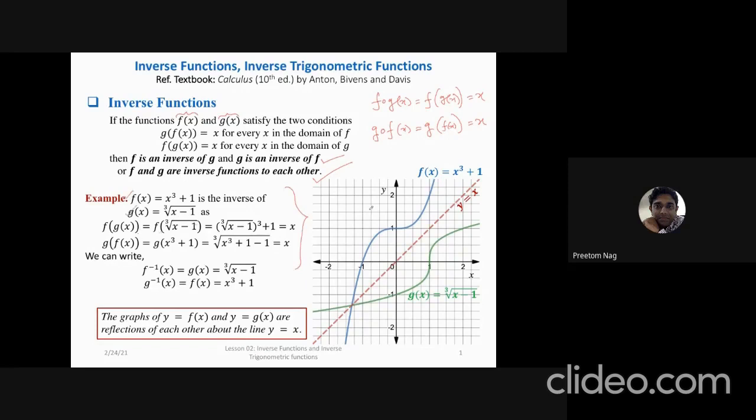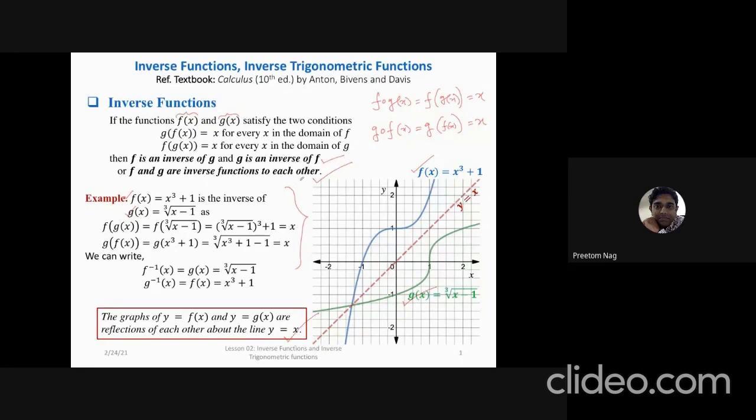What will be the graphical verification? So graphically, how can we identify that two functions are inverse to each other? If you have the graph of both functions f(x) and g(x), and you can identify that both functions are mirror images of each other about the line y equals x, or reflections about the line y equals x, then we can say both functions are inverse to each other. x cubed plus 1 and the cube root of x minus 1 in this case are inverses to each other, since they are reflecting to each other about the line y equals x.